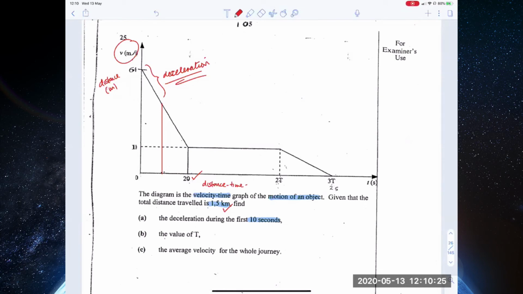How do you find the total distance traveled? Add all the shapes. Add all the what? The shapes that you can find. Okay, so basically you're saying it is the area under the graph.